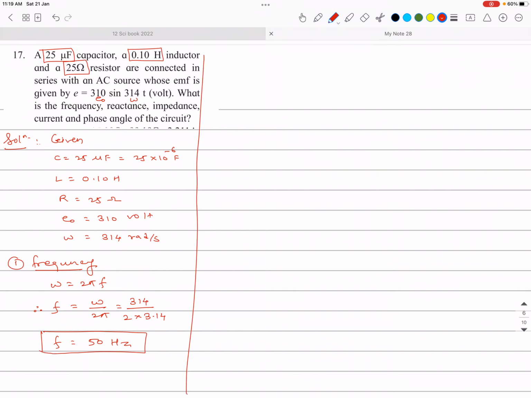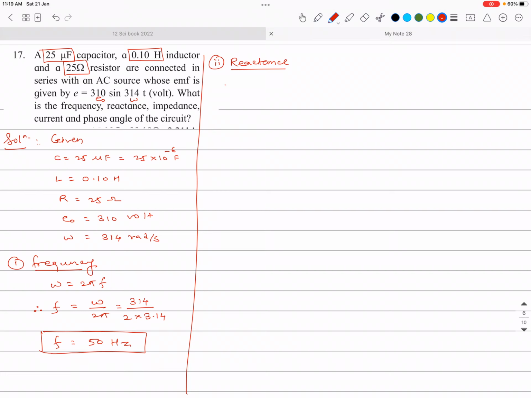Now after the frequency, second is reactance. Now here this is a circuit with capacitor, inductor and resistor, LCR circuit. So reactance means, first we find out inductive reactance, then capacitive reactance, and then difference in these two is a reactance.